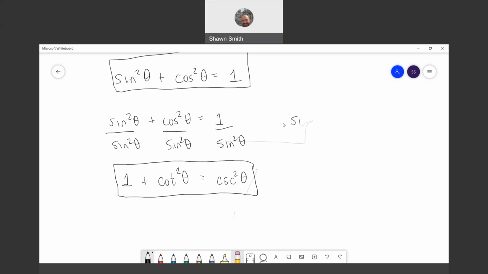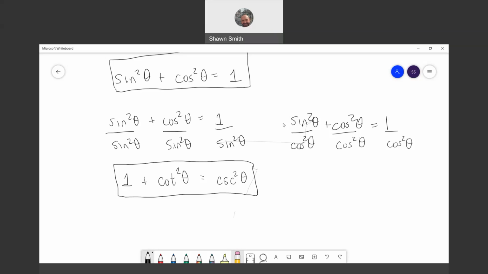Take that same equation, sine squared theta plus cosine squared theta equals 1. Now let's divide it by the other trig function in there, cosine squared. Well, we saw in this last one, cosine over sine is cotangent, so the flip of cotangent is tangent.